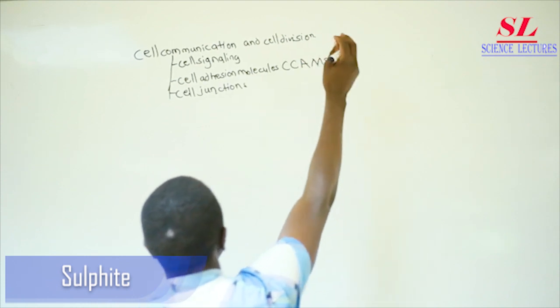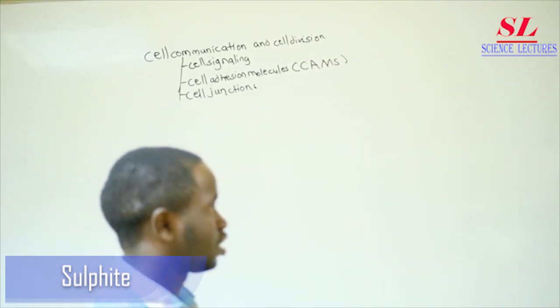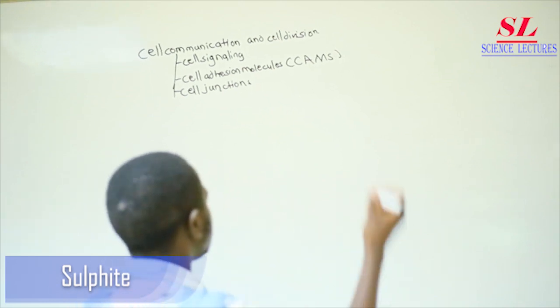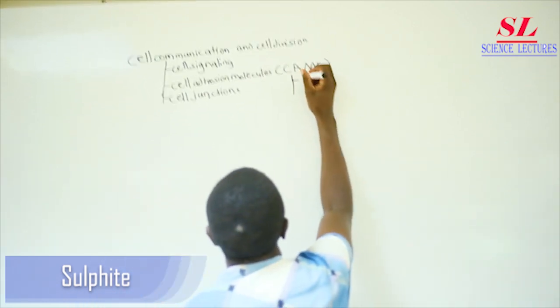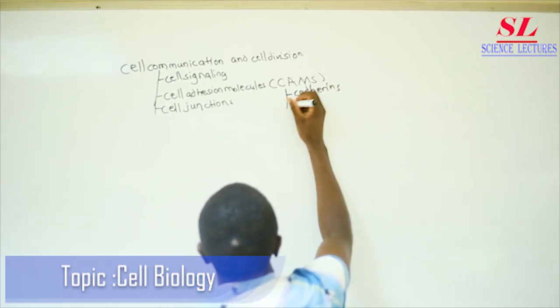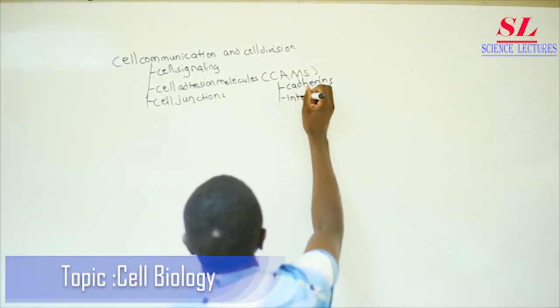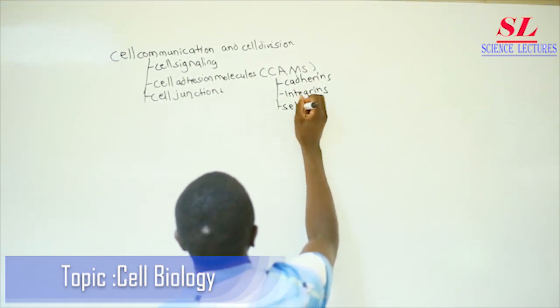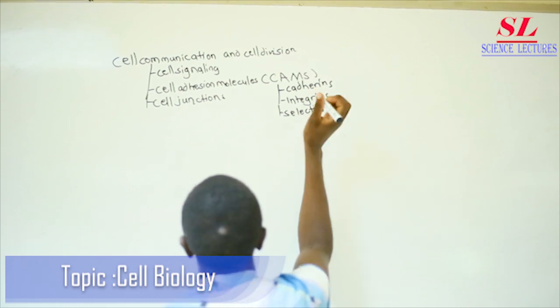So we shall look at cell signaling, the various signaling molecules that are produced within the body of an animal or a plant that are responsible for various functions. We shall look at cell adhesion molecules, things like cadherin, integrins, selectins, and others, as we shall see in some time to come.